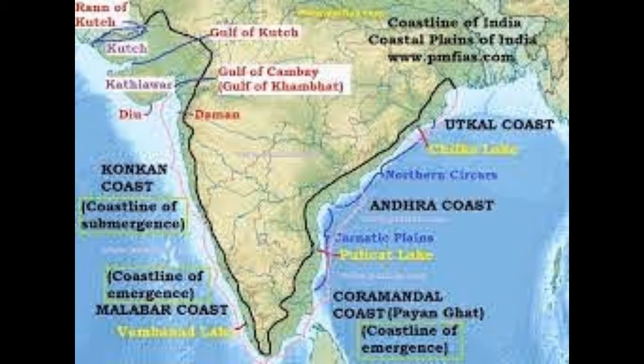Let's move to the east coast. We discussed the west. Local names: the Utkal coast, nothing but the Odisha coast. When you sing the national anthem, you say Utkala, Vanga. Utkala is nothing but Odisha. Next one, the Circar coast. You might have heard this word.